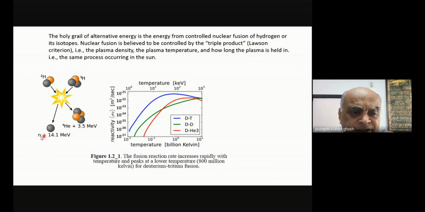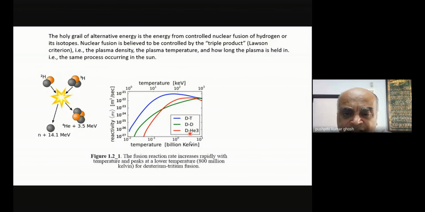So most of the energy is in the neutron. But the energy in the neutron is actually going to be required because another neutron has to hit this. So I need a neutron. Not for this reaction, which is producing a neutron, but there is a reaction which will consume the neutron. We will discuss that.